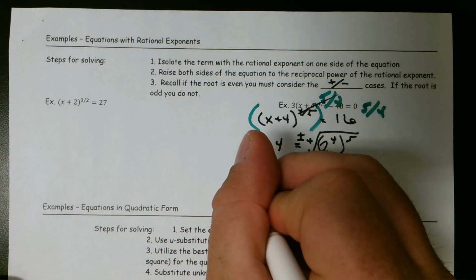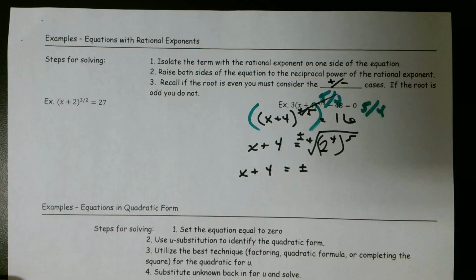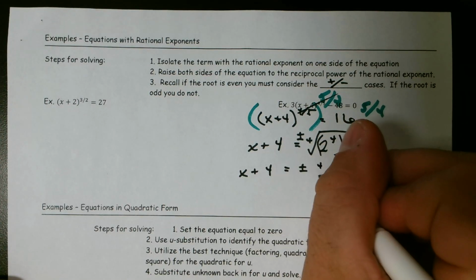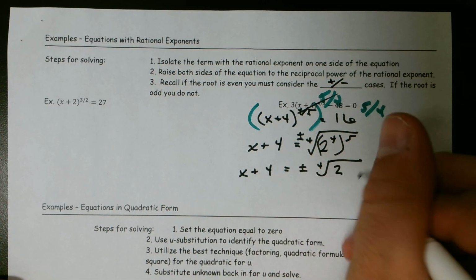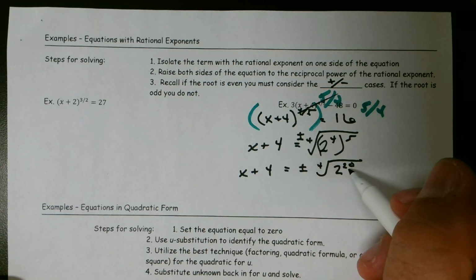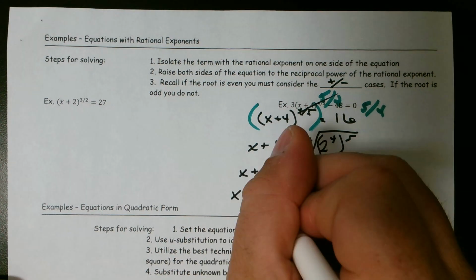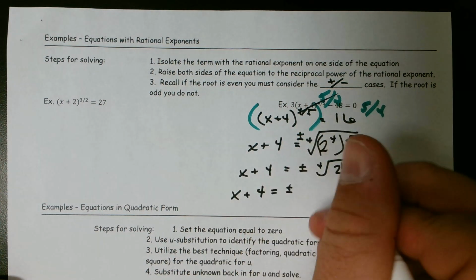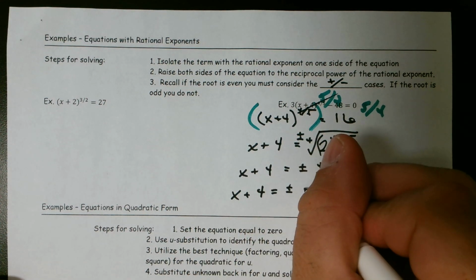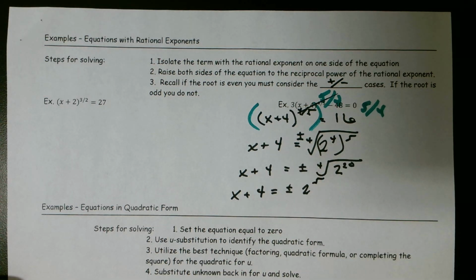So we end up with x plus 4 equals plus or minus the 4th root of 2 to the 20th power. 4 times 5 is 20. And how many groups of 4 are in 2 to the 20th power? 5 of them. So x plus 4 equals plus or minus 2 to the 5th, which you know is 32.